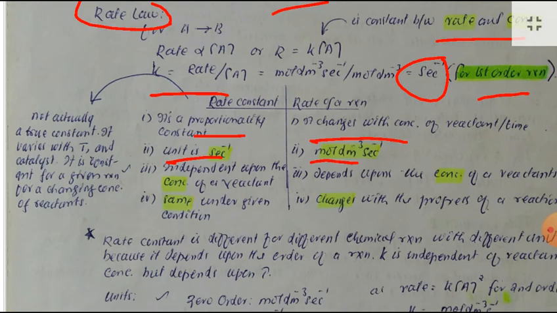The rate constant is independent of the concentration; in other words, it doesn't depend upon the concentration of a reactant, but the rate of reaction does. Under a given set of conditions, the rate constant is the same, but the rate changes as soon as the reaction progresses.